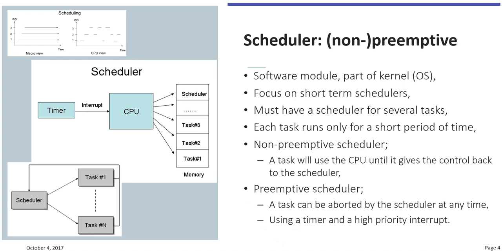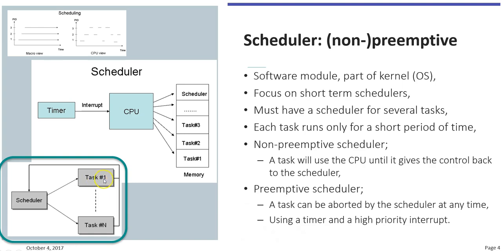The non-preemptive is the simplest one, not the one that is used most, but just so you should know about it. So if you look at it, it's this one. The scheduler will start the task that it means should run.